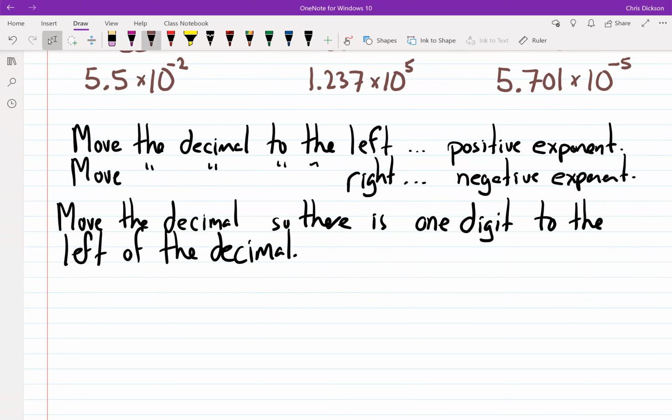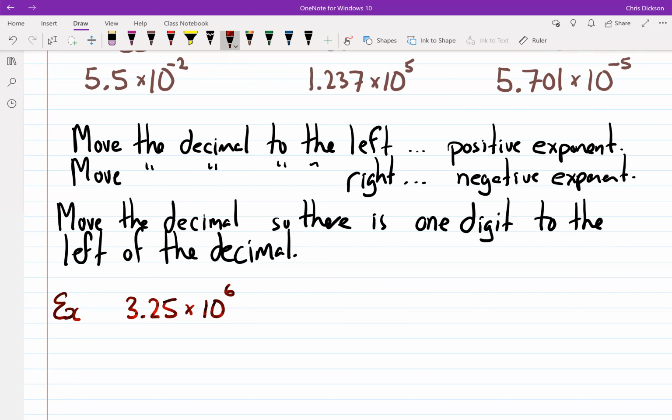Okay, so let's say you were told you had the number 3.25 multiplied by 10 to the 6, say. And someone asked you, could you write that in a non-scientific way, so not in scientific notation?